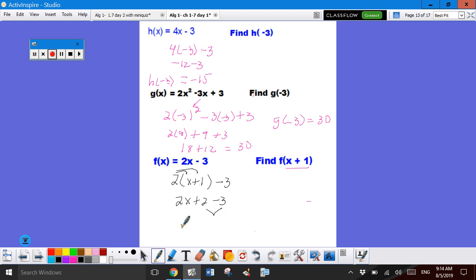Combine your like terms, 2x minus 1. So f of x plus 1 equals 2x minus 1. So again, you can get expressions for an answer like this one if you are substituting in variables into your answer.